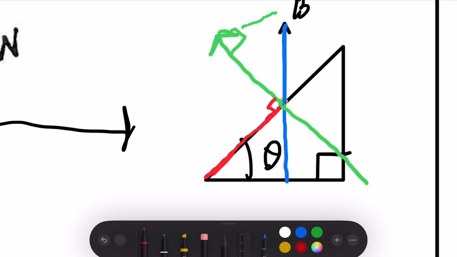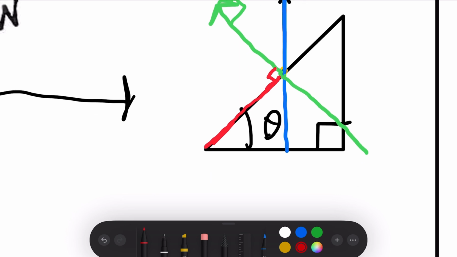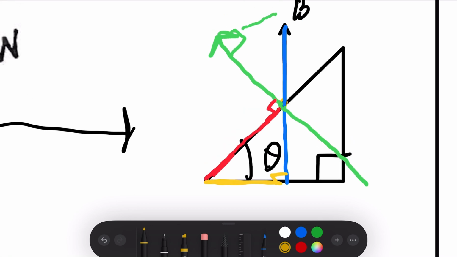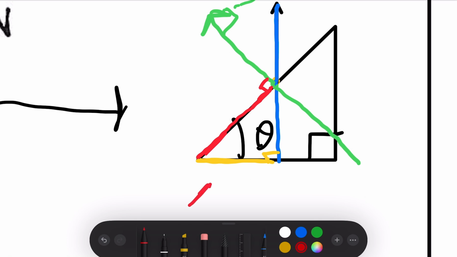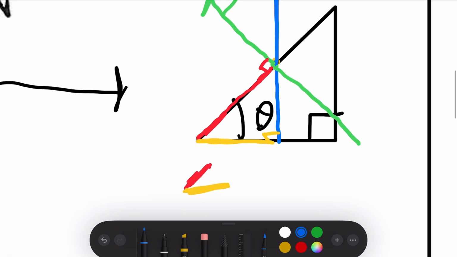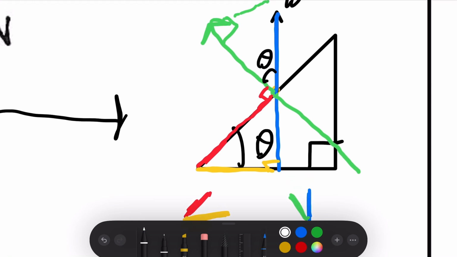And then I want to find the segment that's perpendicular to the blue wire, and I see that it would be this segment, this 90 degrees. So basically, it's saying that the red and green segment, yellow segment, is going to have the same angle as the blue and green segment. So that means this is also going to be theta.